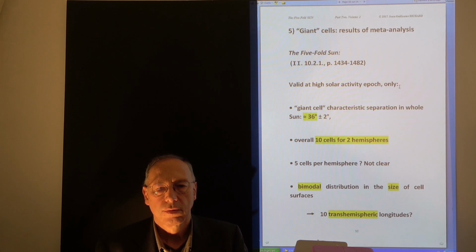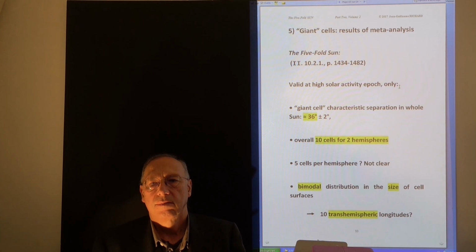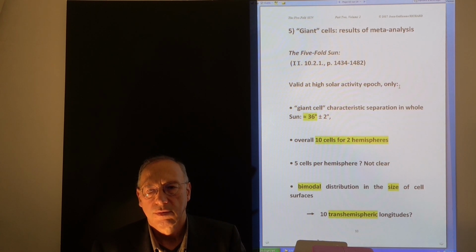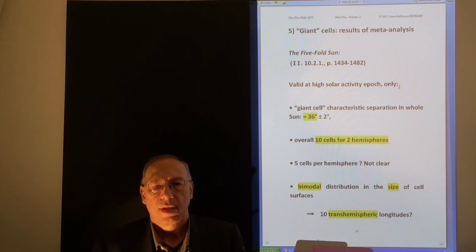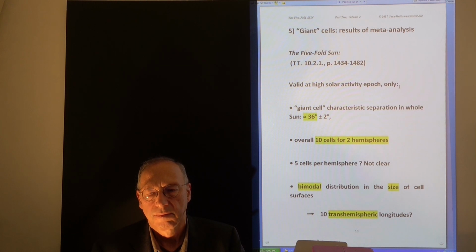So we now turn to the notion of giant magnetic cells to look further into this longitudinal distribution. Again, the Fivefold Sun project included a meta-analysis of the results that could be found in the literature. And this is what was found, which is valid only at high activity epochs when there are the most numerous sunspots.